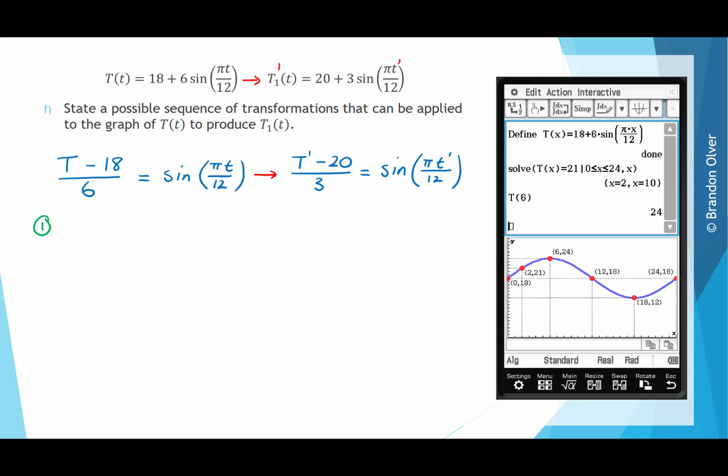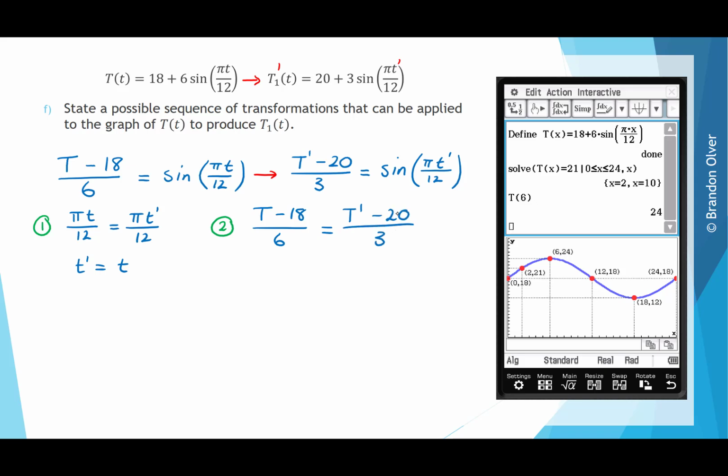So first up, we have pi t on 12 is equal to pi t dashed over 12. And if we have a look at that equation, that just means that t dash, the transformed t, is equal to little t. And the second thing that we can equate is going to be capital T minus 18 divided by 6 is equal to capital T dash minus 20 over 3.